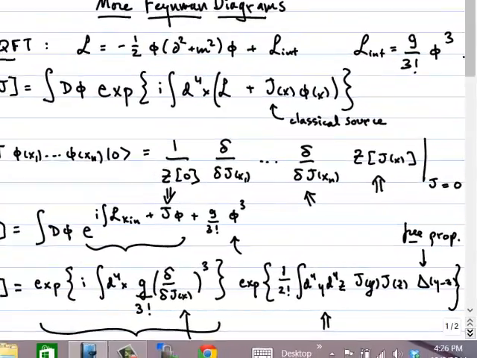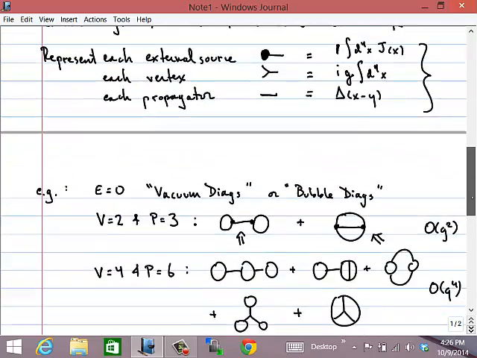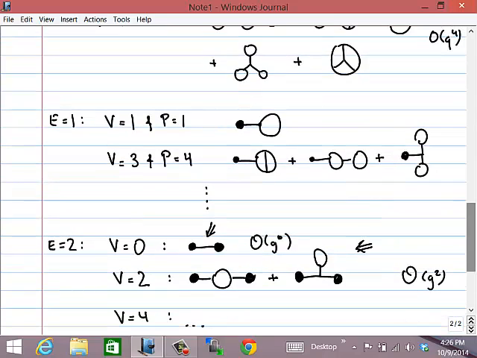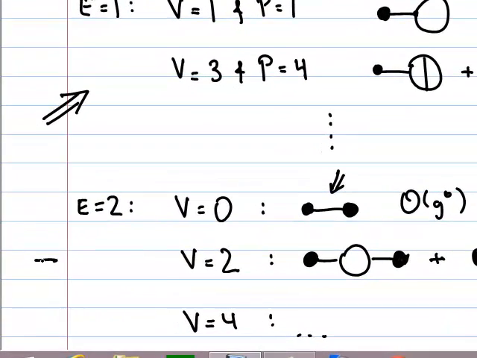Each factor of j is represented by a solid dot here. So that's what I mean by an external source. For example, these guys here would represent a contribution to the expectation value of phi. These guys here would represent a contribution to the expectation value of phi at x1 times phi at x2, and so on and so forth.